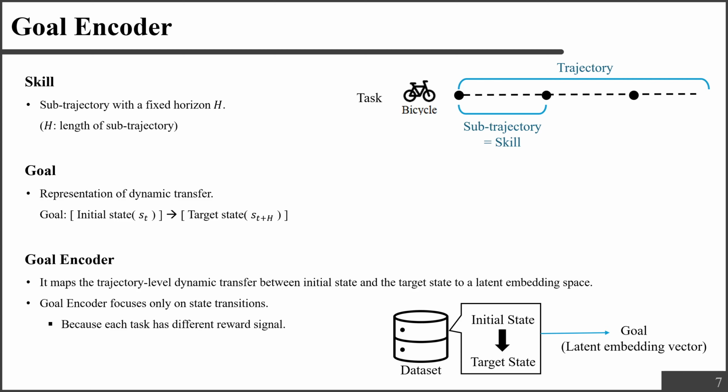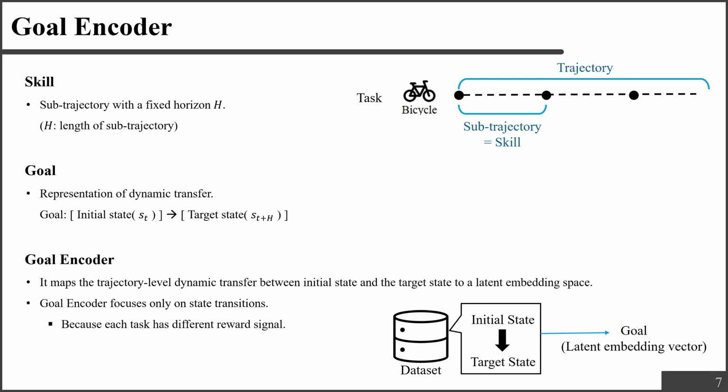The first component is the goal encoder. Here, they define a skill as a sub-trajectory with a fixed horizon h. Also, the goal is the representation of dynamic transfer from initial state to target state. So, the goal encoder maps the trajectory-level dynamic transfer between initial state and target state to a latent embedding space.